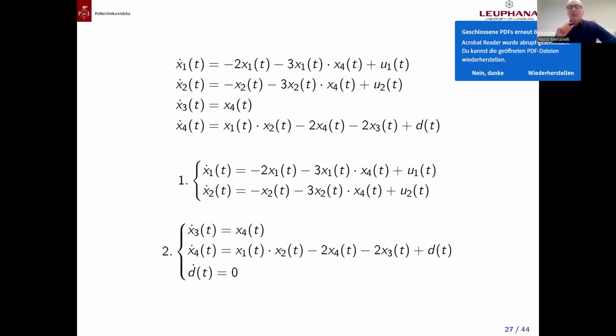It could happen. Okay, do you remember last time I told you about this possible exercise in which we have four states. Basically, we have the physical state to be estimated.